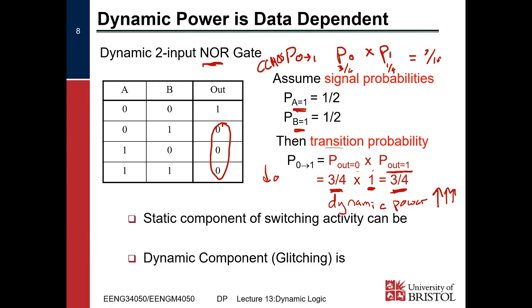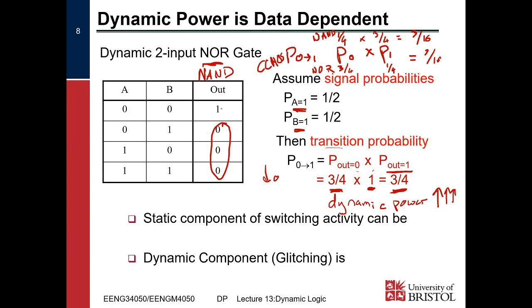Also, with a NOR gate, if we compare it to a NAND gate, for a complementary CMOS, we would get 1/4 times 3/4, and so we get exactly the same power for a NAND as we do for a NOR, right?